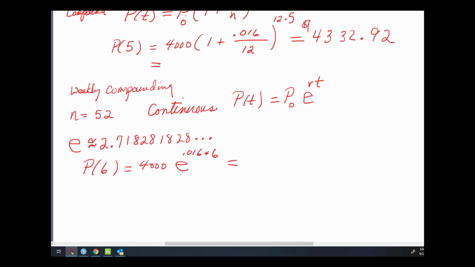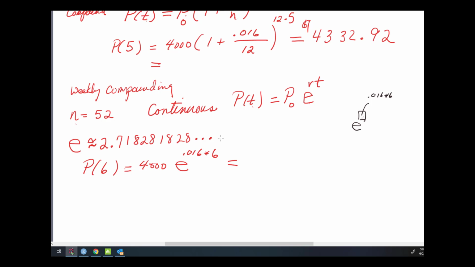This is my scratch paper over here. When I press e on my calculator, the display gives me something that looks like this, and it's waiting for me to enter the exponent. So if I enter the exponent 0.016 times 6, then the calculator would return e raised to that power.